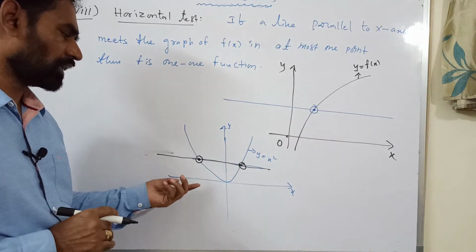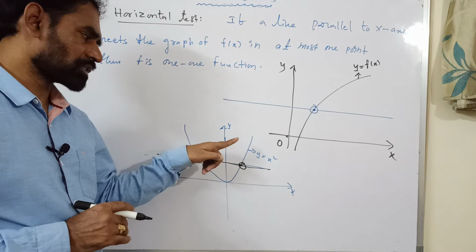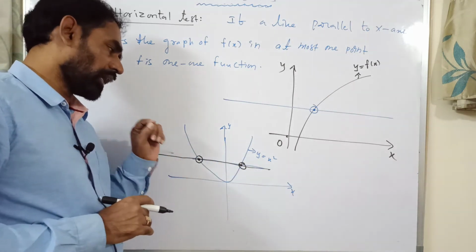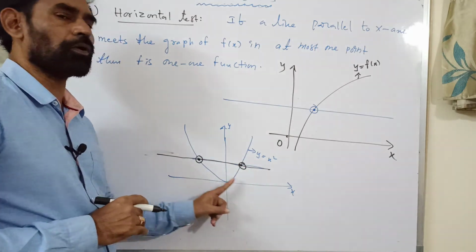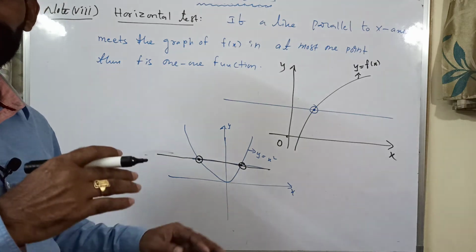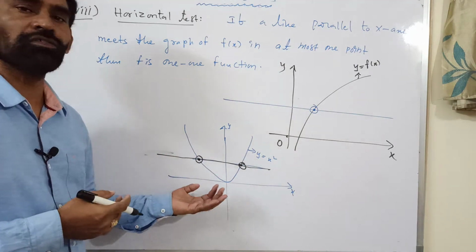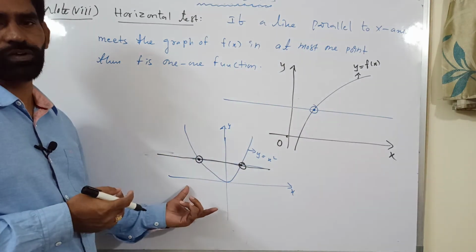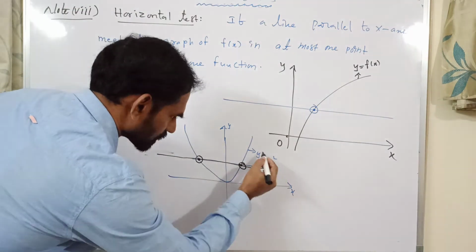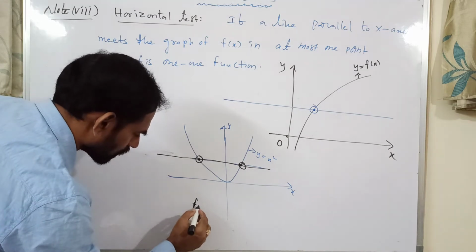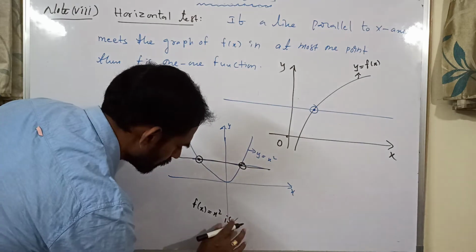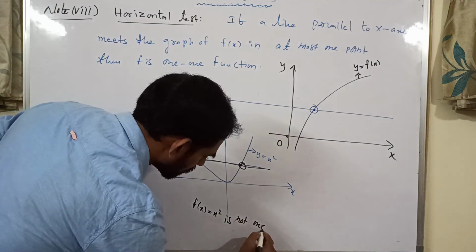Horizontal test fails. Why? If you draw a line parallel to the x-axis, the line meets the graph at 2 points. That's why it is not 1-1. If any function is not 1-1, we can say it is many-one. So y equals f of x, that is x square, is not a 1-1 function.